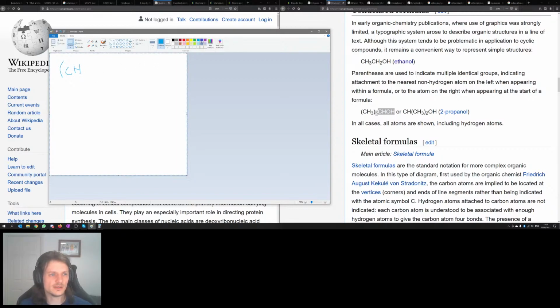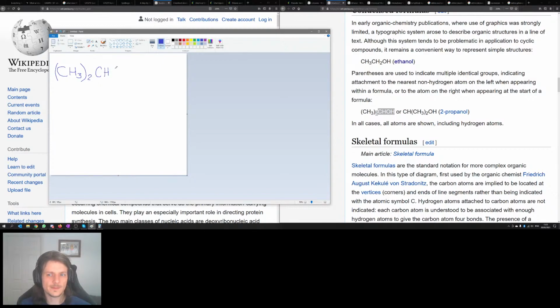Let me go a bit darker, it's a bit hard to see on your screen there. CH3 is in a bracket 2C, because the H is not on the left, I wonder.